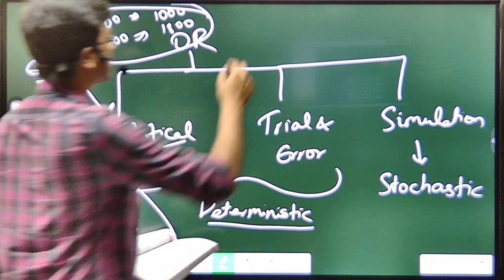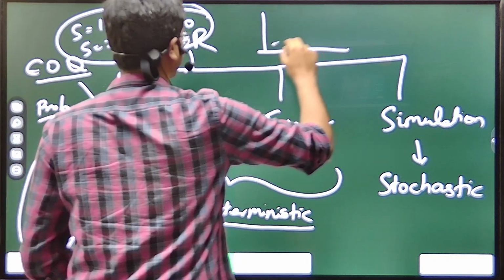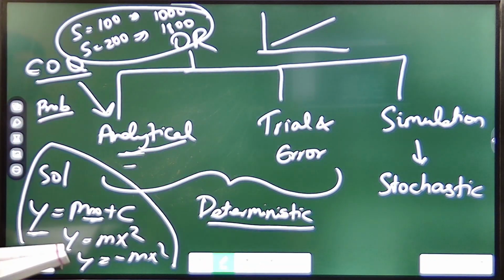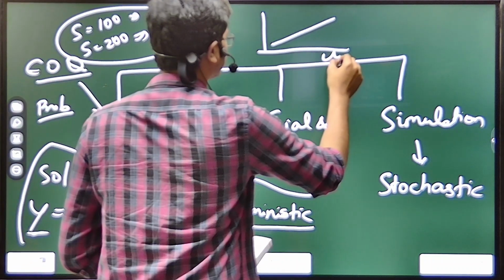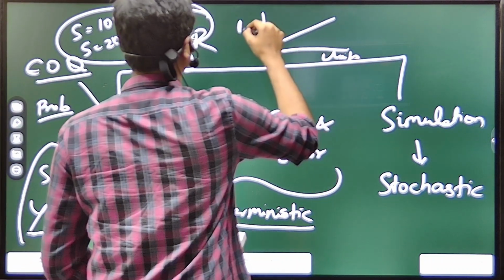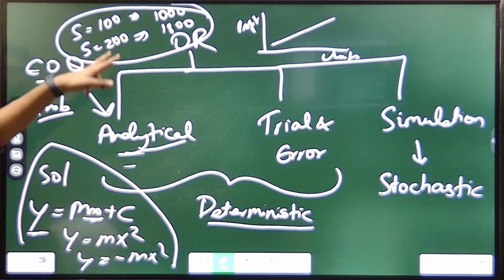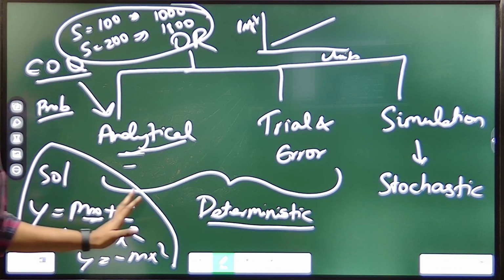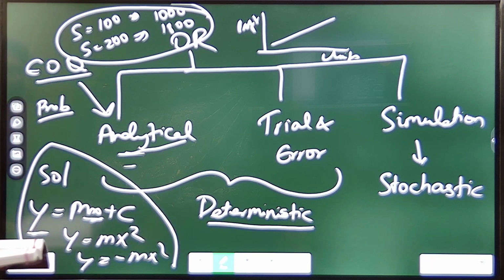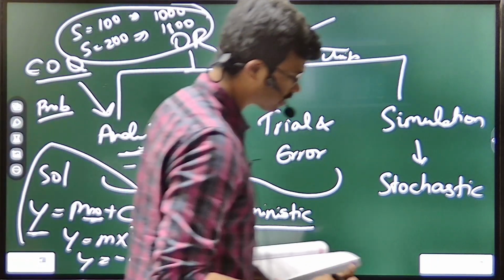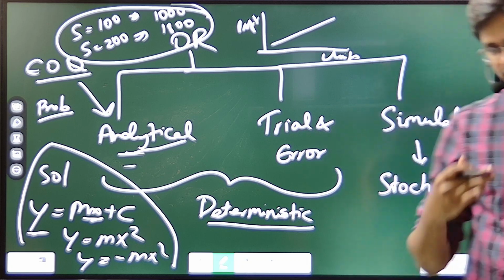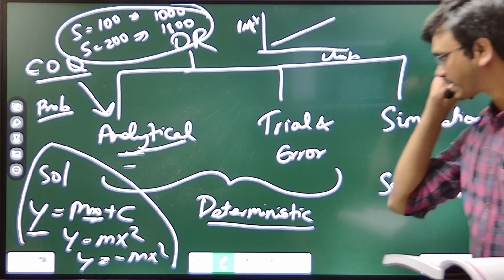And he says your profit is in a straight line. So this is your units, and this is the profit. If this is a straight line and you have 2 points, you can get an equation, right? So this kind of method where you can clearly derive your solution is called an analytical method.